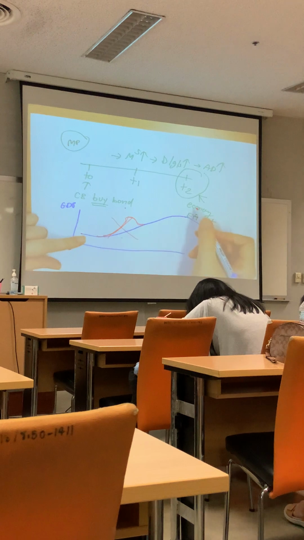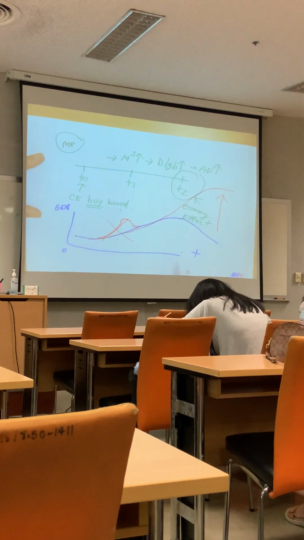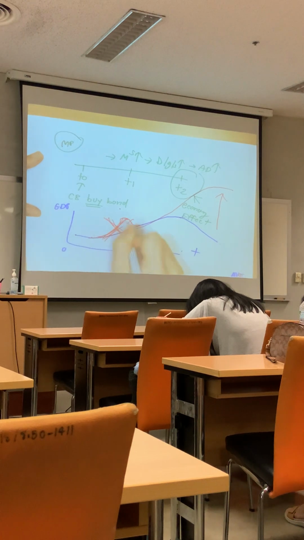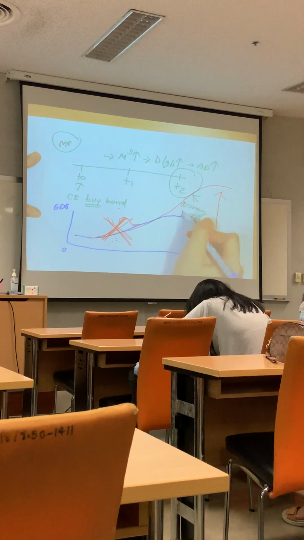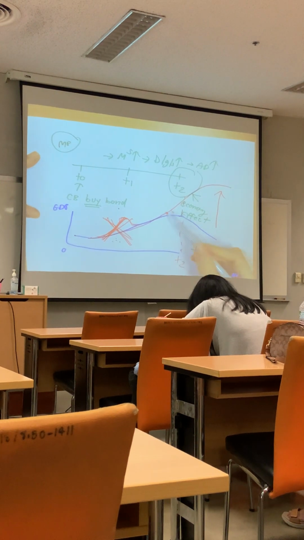It will go up at time T2, so it can go up further than you want. It can lead to higher inflation than you want, because the economy is not affected now, because of the lag, right? So at time T2, the GDP can grow more than you expect. In fact it grows like my red pen rather than my blue pen, which is not good because it can lead to hyperinflation, which you do not want.